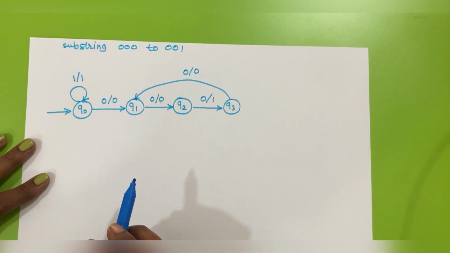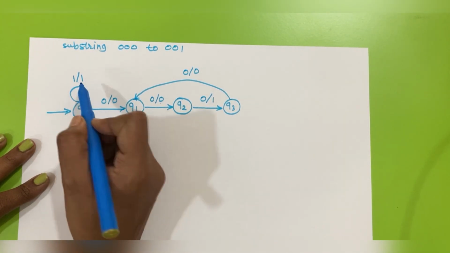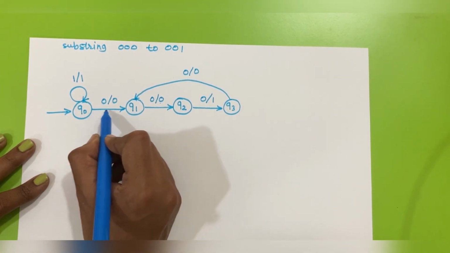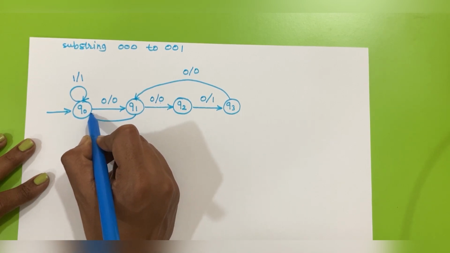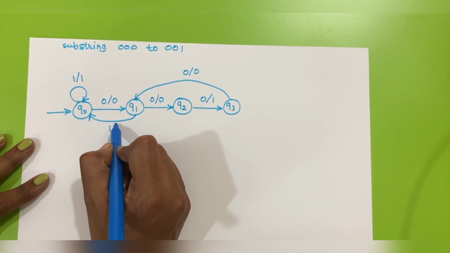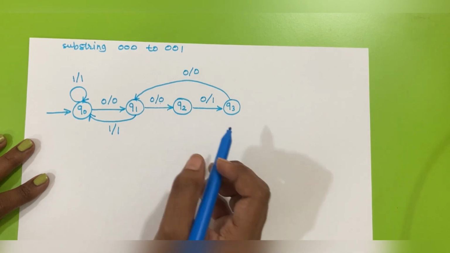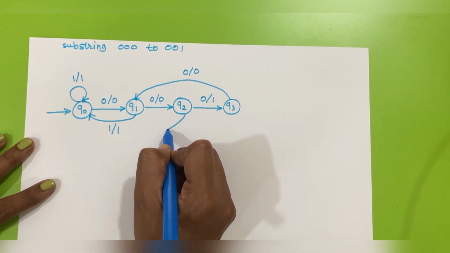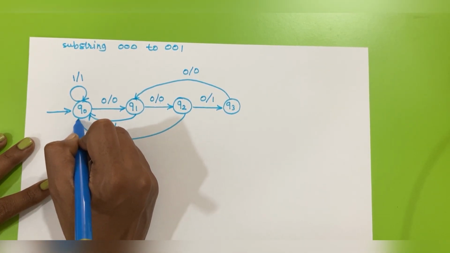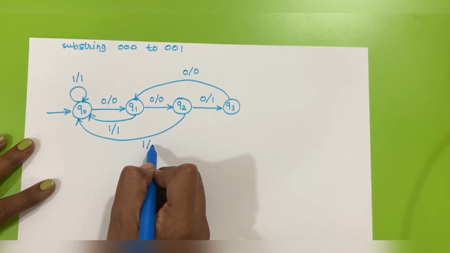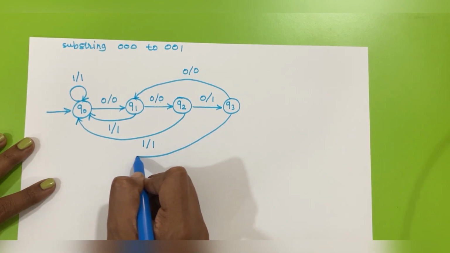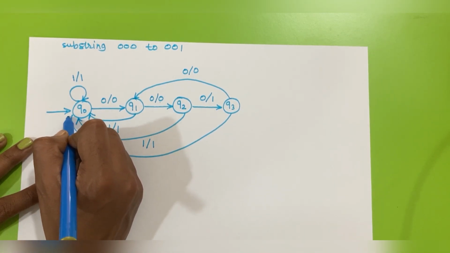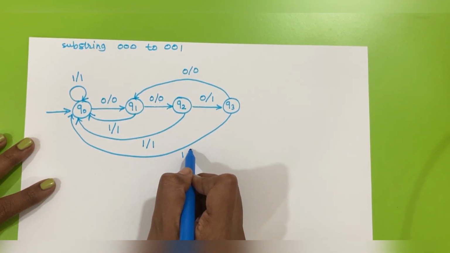We do not bother about this 1. If we have 1 after this 0, then that will come to state Q0, because that 1 will be replaced by 1. If we have again 1 after this Q2, then 1 will be replaced by 1. And the same case at Q3: if we have 1 after Q3, then that will be replaced by 1 only.